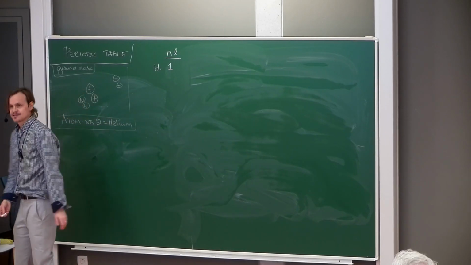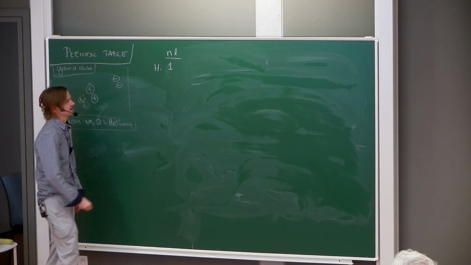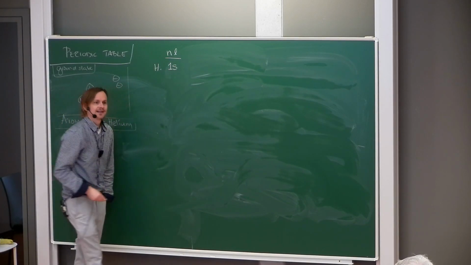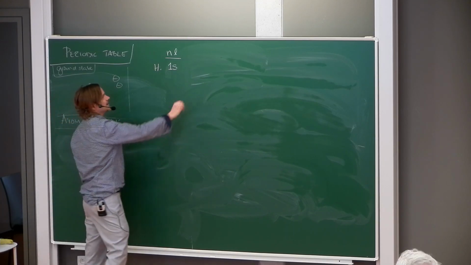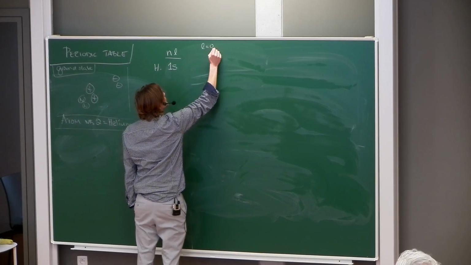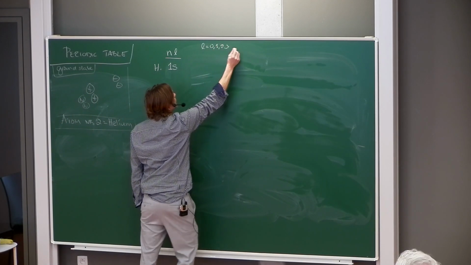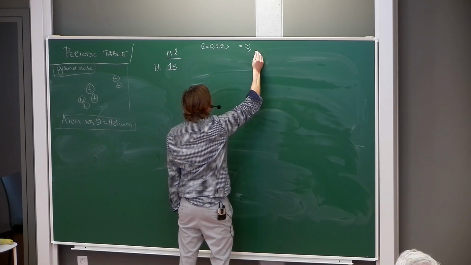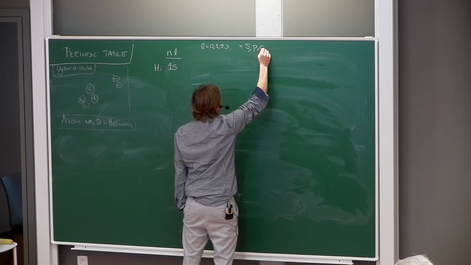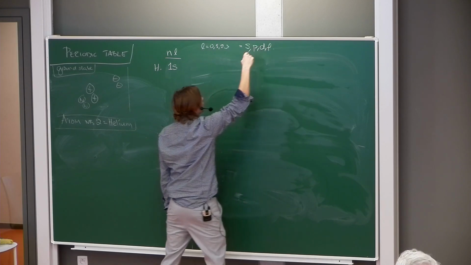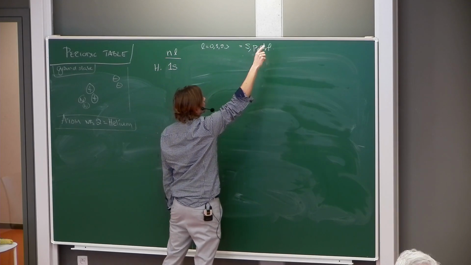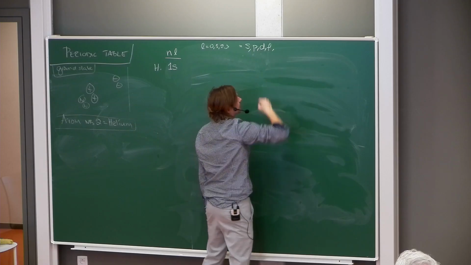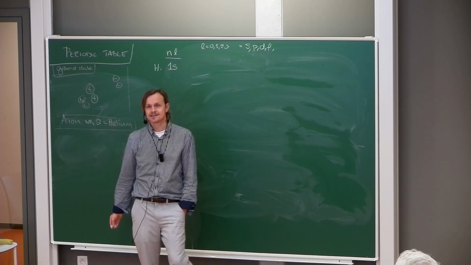It's just that 0 is not used. Instead, we put S because you know that the L states 0, 1, 2, 3 also are called S, P, D, F for sharp, principal, diffuse, fundamental, and then they were out of lines.